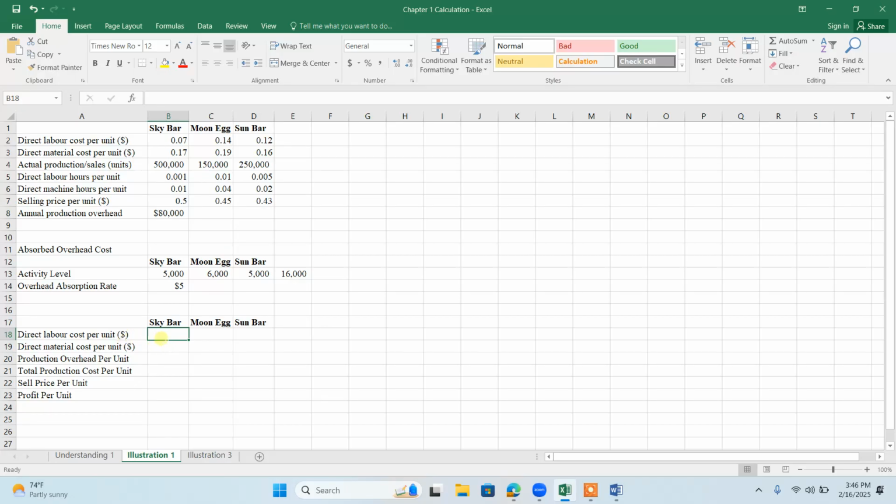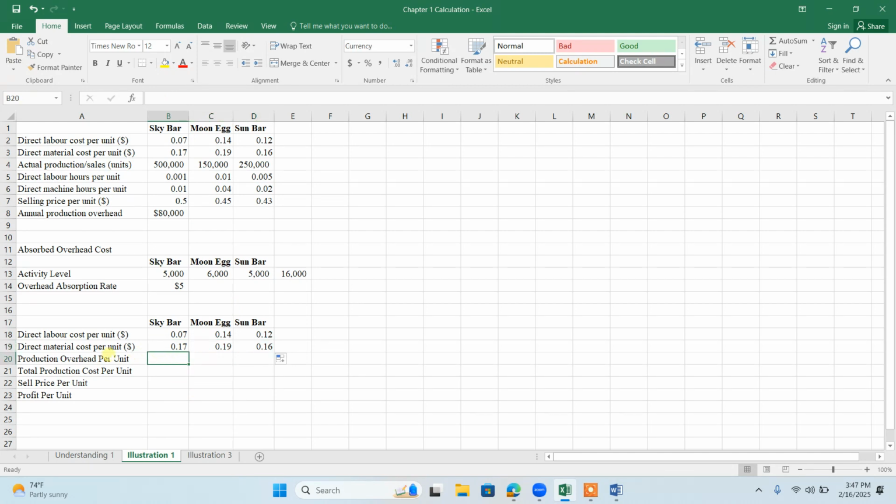Let me first write the direct labor cost. It is already given here. For 1 unit, it is 0.07. Simply copying it here. For Sun bar, it is 0.12. What is the direct material cost of 1 unit? 0.7. For the second one, it is 0.19. And for the third one, it is 0.16.